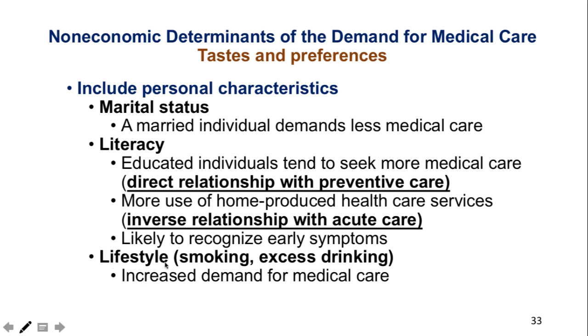Their lifestyle is also very important for the demand for medical care. If you're smoking or drinking so much, you're definitely going to demand more medical care than people who follow a healthier lifestyle, right?